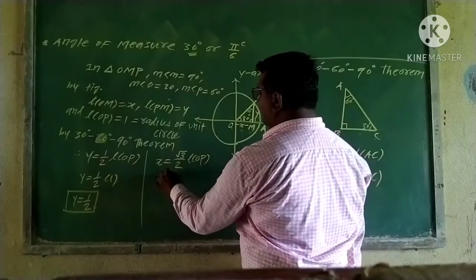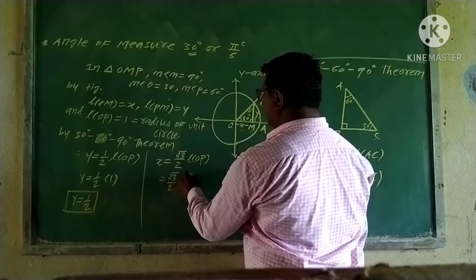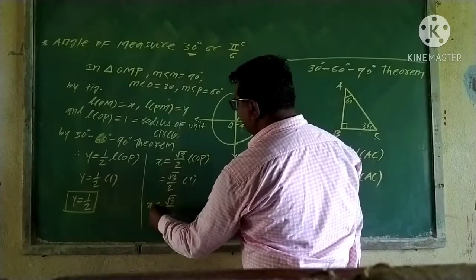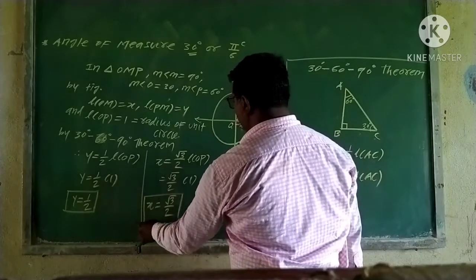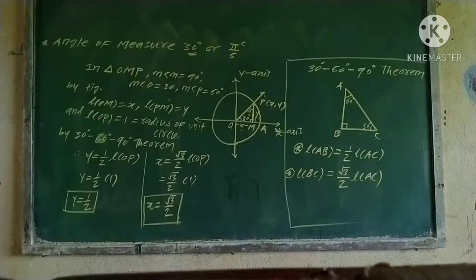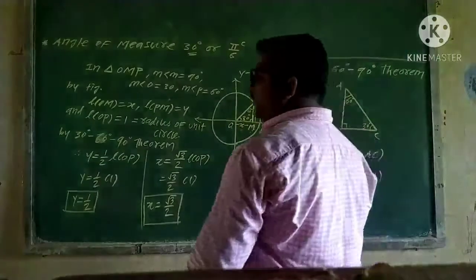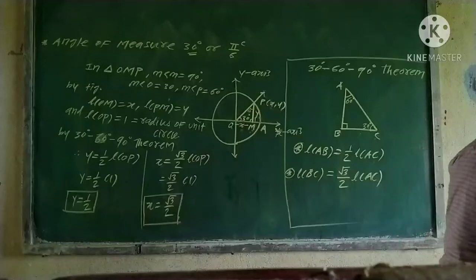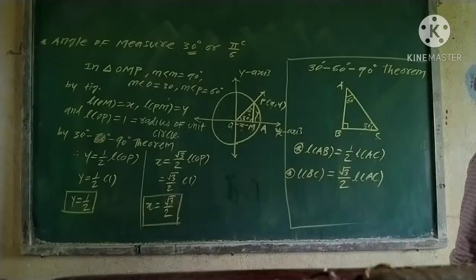Now we have length OP equal to 1. So x is equal to square root 3 divided by 2. Means by using 30-60-90 theorem, we have found here the values of x and y.